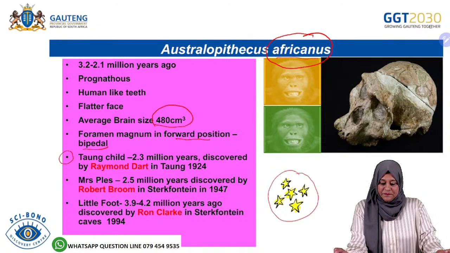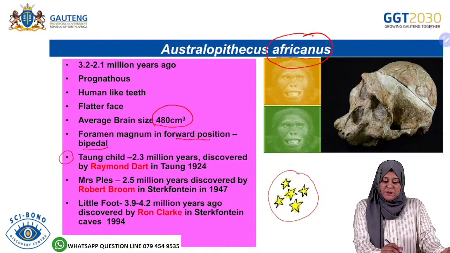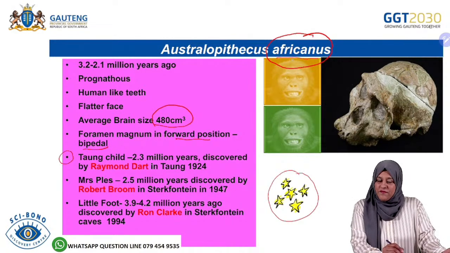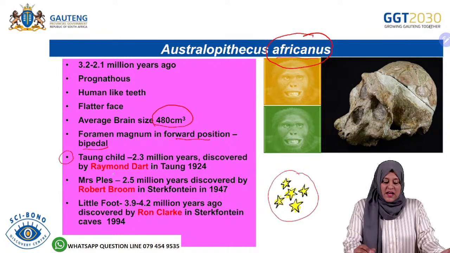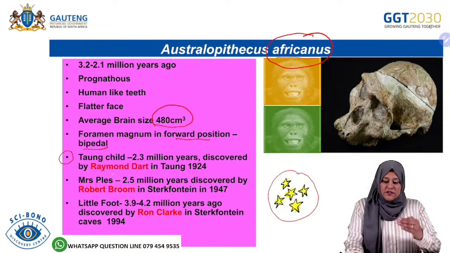Right? So this is what you need to know. You need to know the name of the genus and the species, Australopithecus africanus. You need to know an example of it, the Taung child, who discovered it, Raymond Dart, and where it was discovered: in Taung in South Africa. So you need to learn these fossils in that manner, okay?